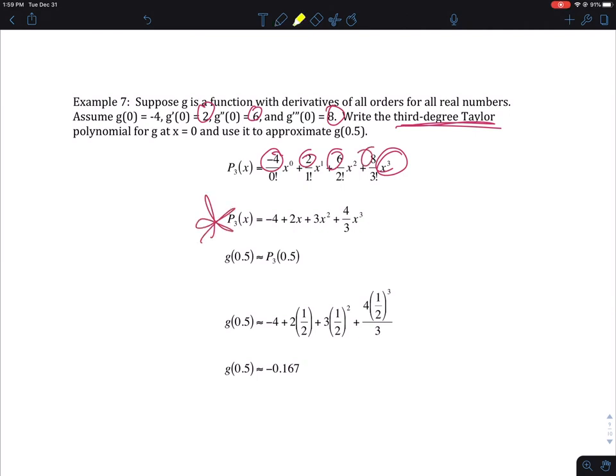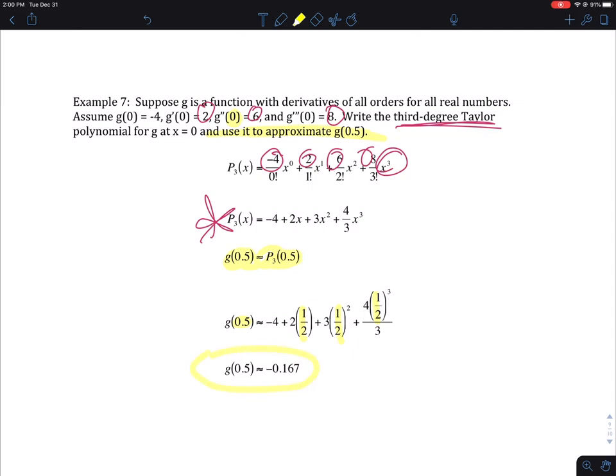It says to then use it to approximate g of 0.5, which is really close to 0. So we say that g of 0.5 is approximately P of 0.5. And so then I plug in 0.5 for all of my x's and evaluate.